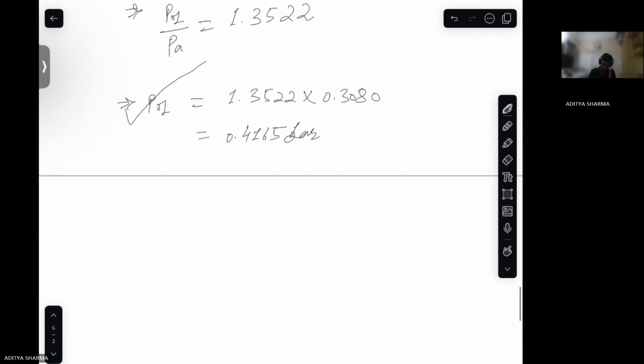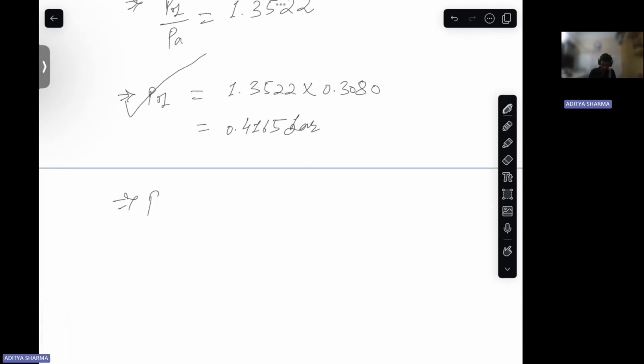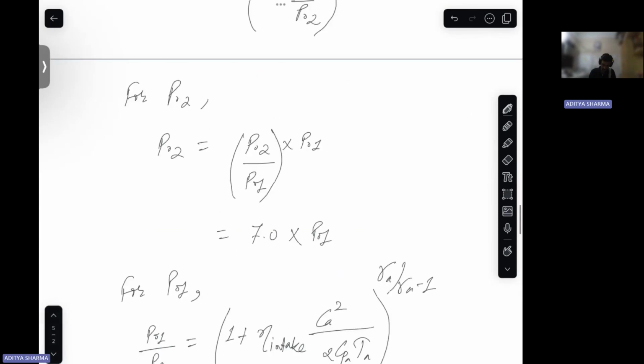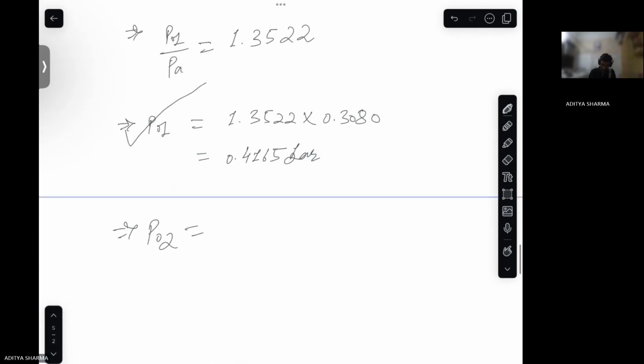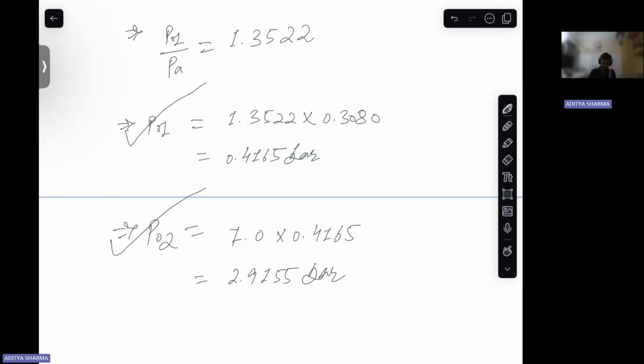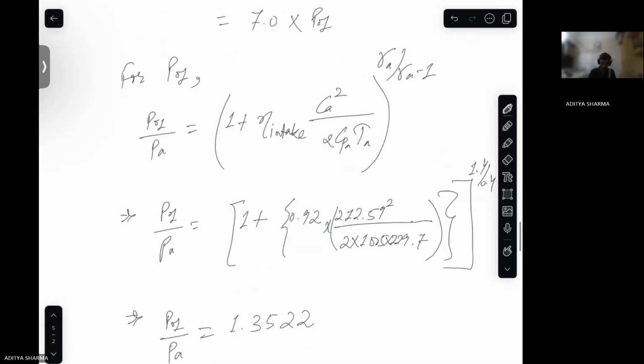So this implies P naught 2 is equal to 7.0 into 0.4165. So this will come out to be 2.9155 bar. So then P naught 2 also we found out.